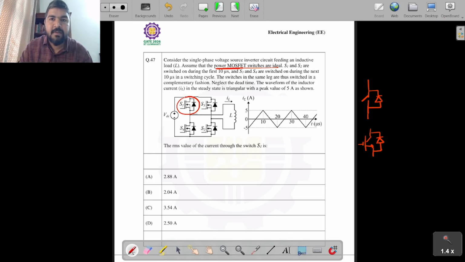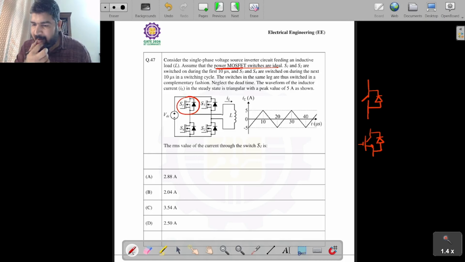It's embedded. It's the part of the MOSFET. So you can say that the switch has this diode part also. Remember this. It's again a very interesting problem, but fortunately you must have solved it correctly. But in place of this MOSFET, if an IGBT were given, then the situation will be different. But in this case we have to consider the diode as a part of the switch. I hope you understood it.